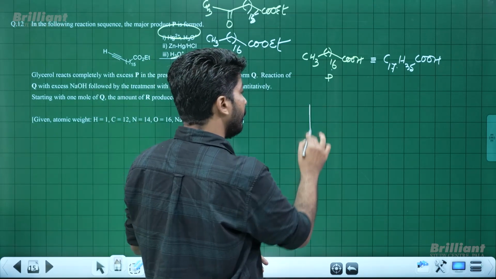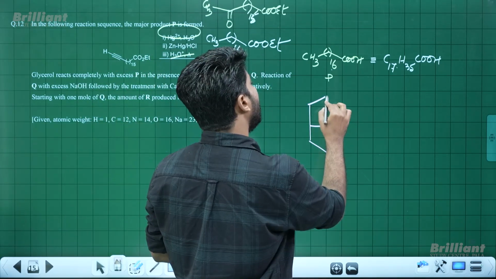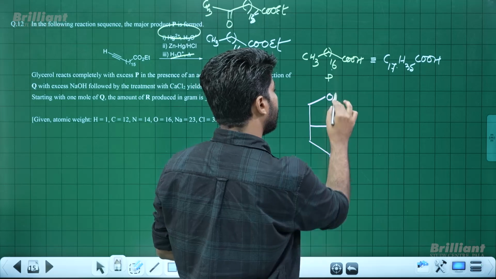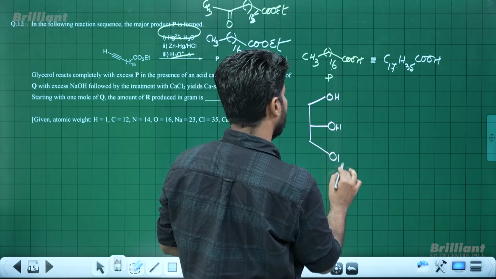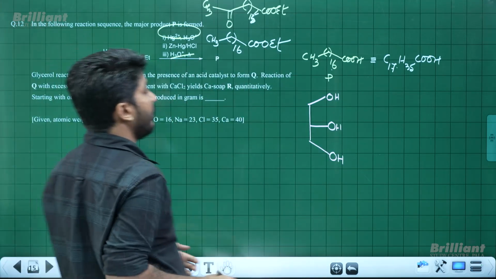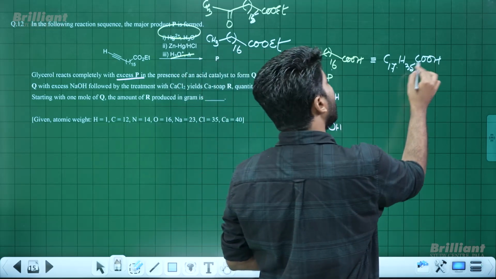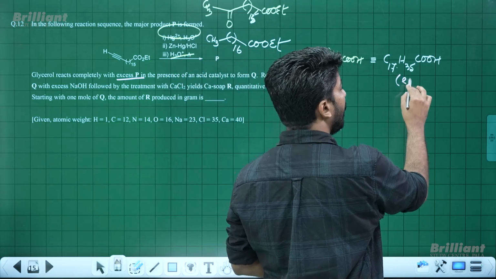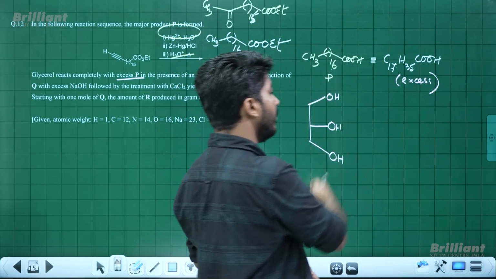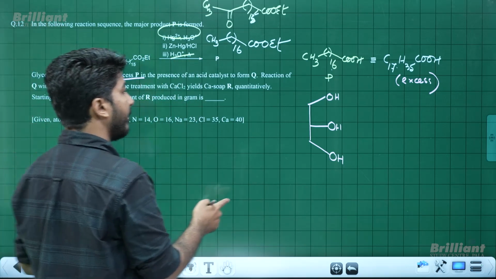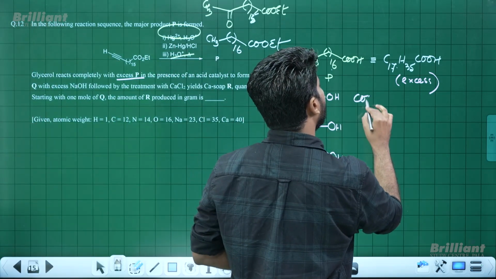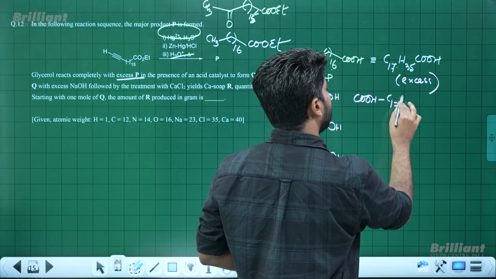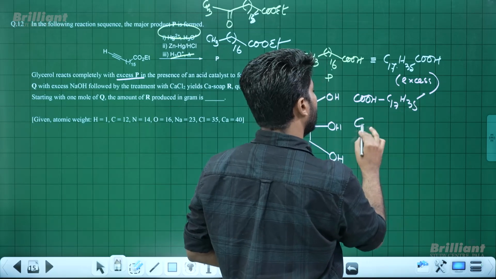Glycerol, you know, is propane-1,2,3-triol, right? So that OH, yes, with excess P, they are taking C17H35COOH in excess amounts, so all three hydroxyl groups can get esterified with that particular acid.